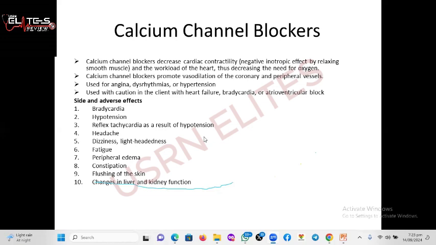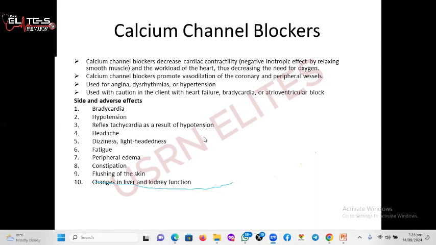All calcium channel blockers will end in -pine, okay? So if you have nifedipine, whatever the -pine, they are all calcium channel blockers. Apart from verapamil and diltiazem, they are calcium channel blockers, but they don't follow that traditional naming. So when you come across diltiazem or verapamil anywhere, you should know that they are examples of calcium channel blockers.